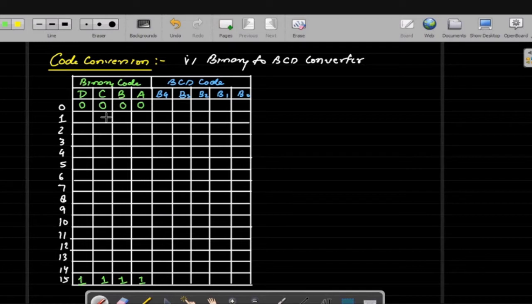All of you need to write it in your copy. I am going to use a short trick: in the first column A, alternate 1 zeros, then 2 zeros 2 ones, then 4 zeros 4 ones, and 8 zeros and 8 ones.